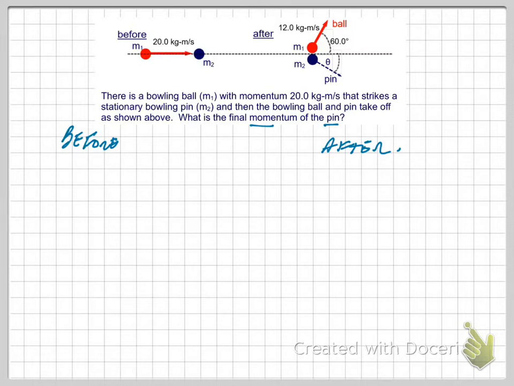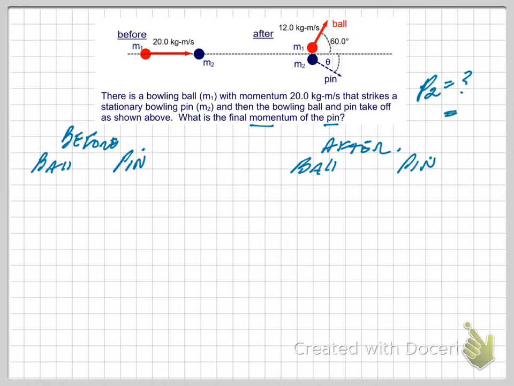All right, and so for M1, we're going to call M1 the ball, and M2 will be the pin. And what we're looking for is the momentum of the pin. So in the x direction, we have the momentum of 1 in the x direction, and we have the momentum of 1 in the y direction.